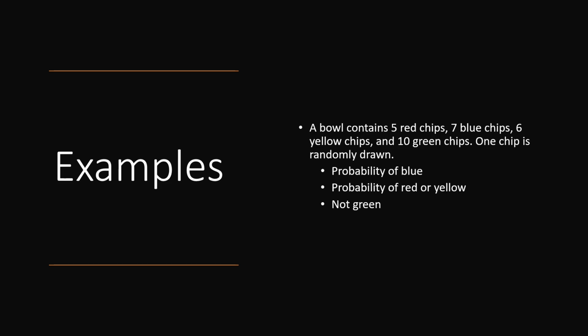And then favorable outcomes, we want to see the chance of picking blue. So since there's 7 blue chips, it would be 7 over 28. Or if you simplify, divide numerator and denominator by 7, you get 1/4. So the probability for drawing a blue chip is 1/4.